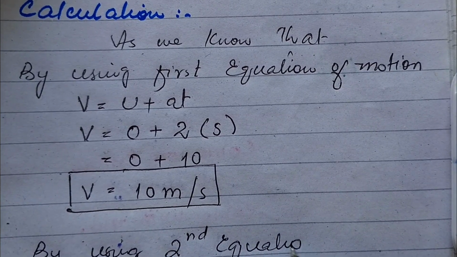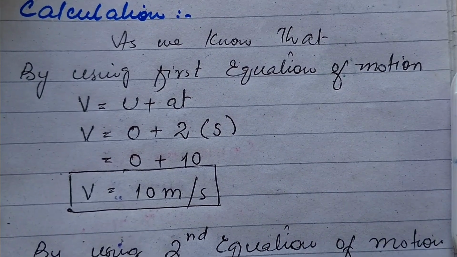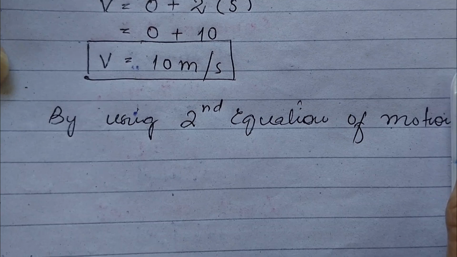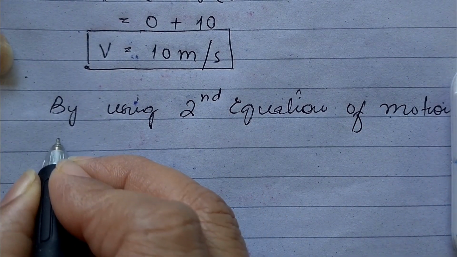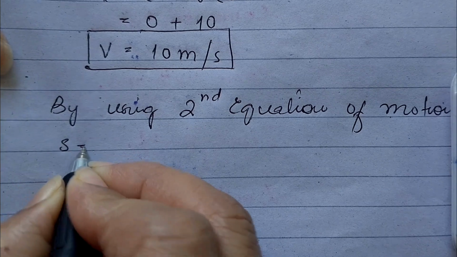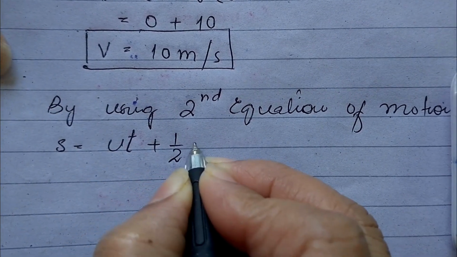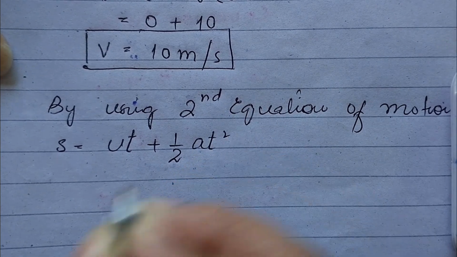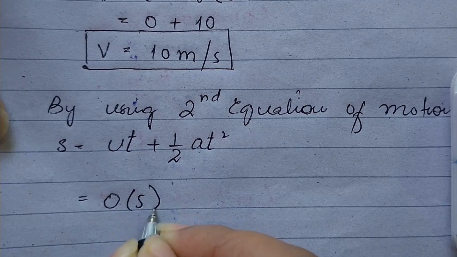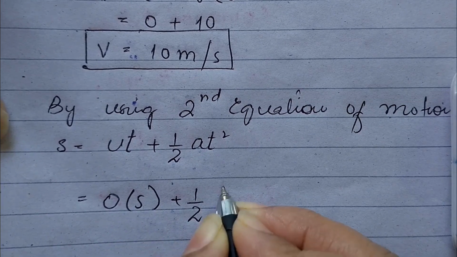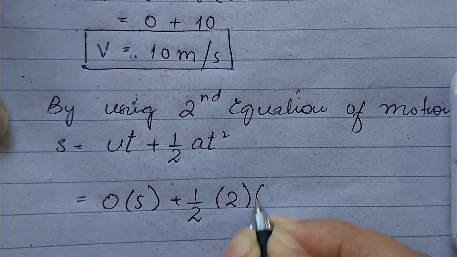You know what the second equation of motion is? s is equal to ut plus half at square. Now we will put the values. u is 0, t is 5 seconds, plus half, acceleration is 2 and time is 5.